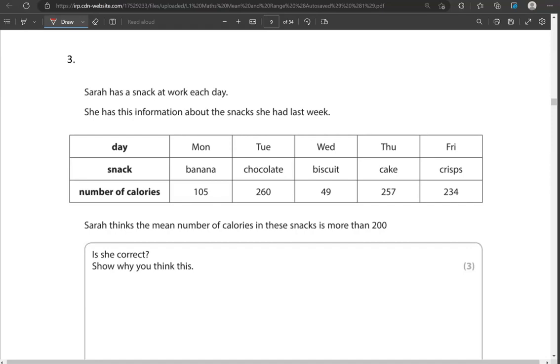So we're working out the mean of the number of calories. So we're going to add 105, 260, 49, 257, 234.